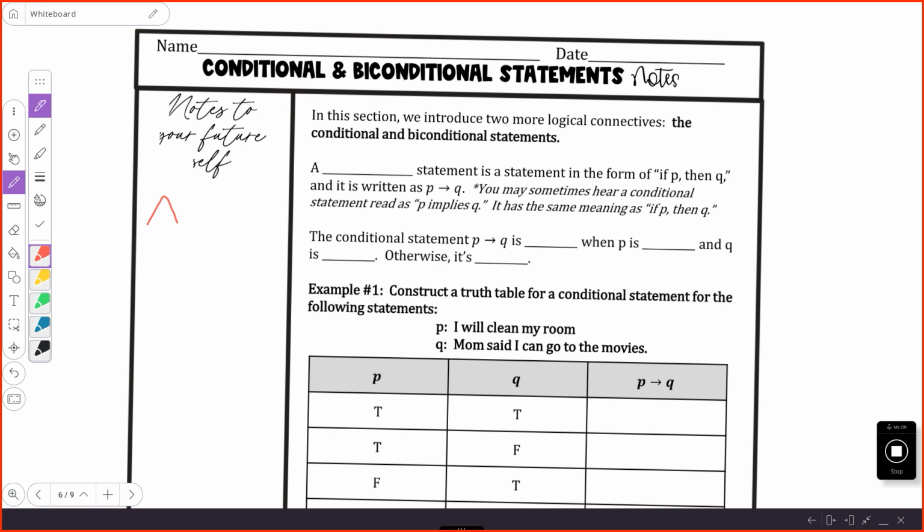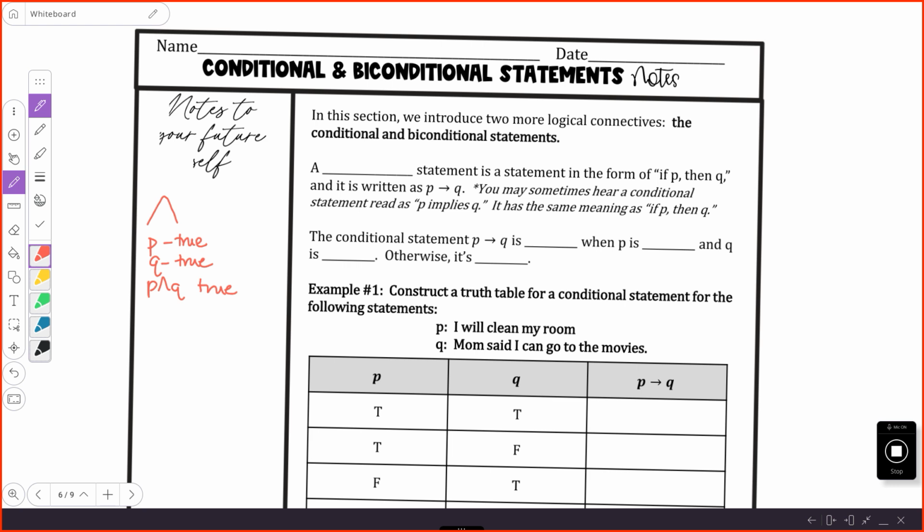If P is true and Q is true, and they use a conjunction, then the whole thing's true. And every other thing on the truth table is false. P is true, Q is true, the whole thing's true, everything else is false.